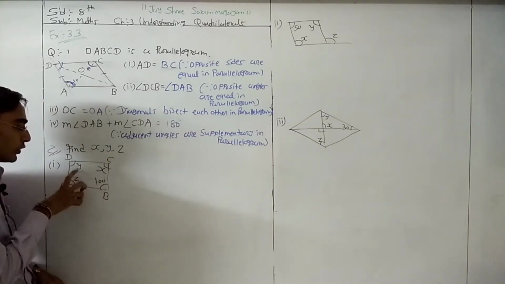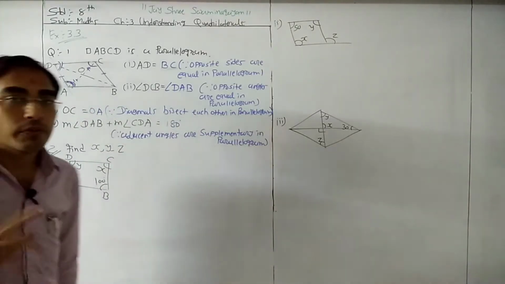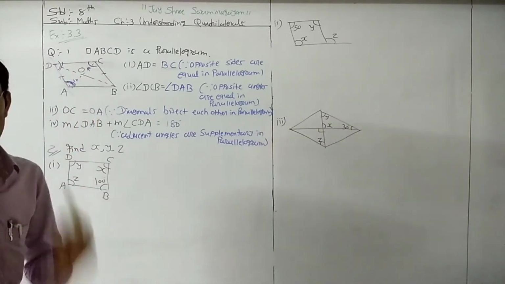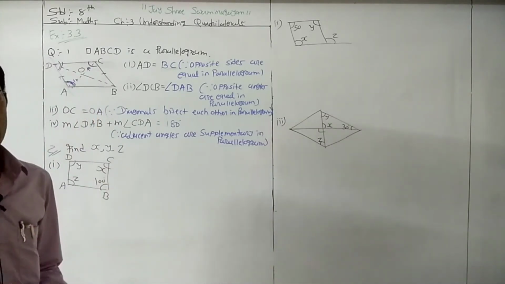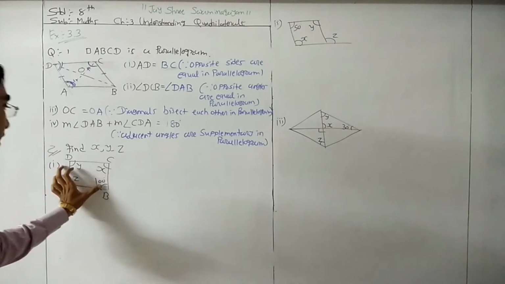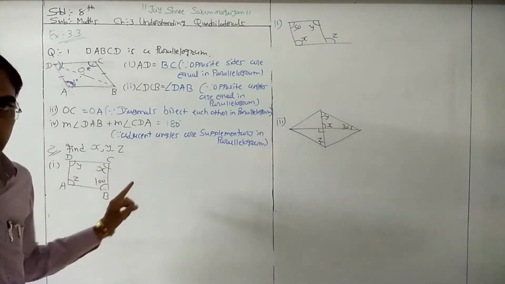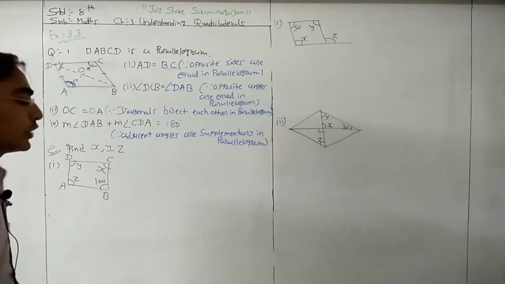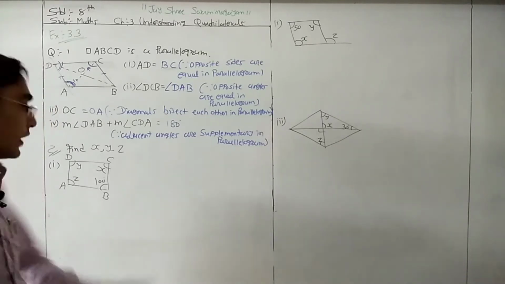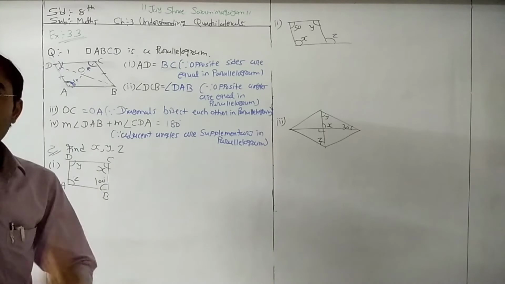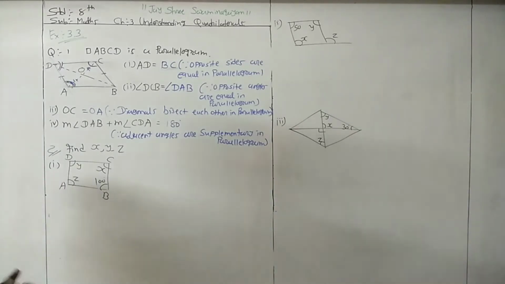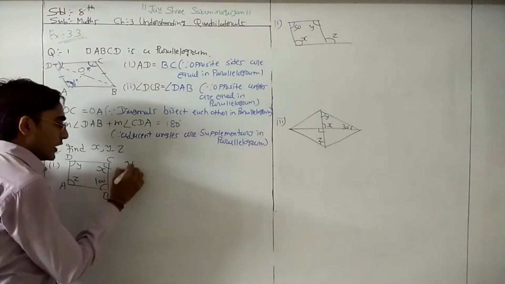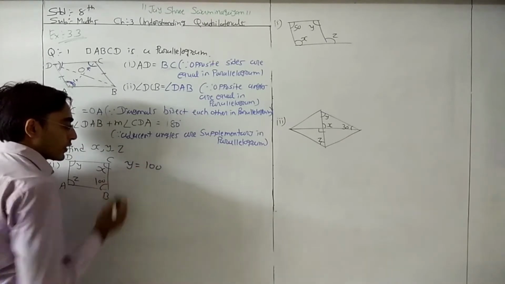B is 100, so y is also 100. Why? Because opposite angles are equal in a parallelogram. Angle B and D are both opposite angles. So directly we can say that y is equal to 100.